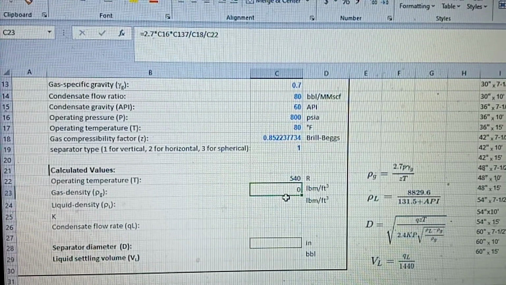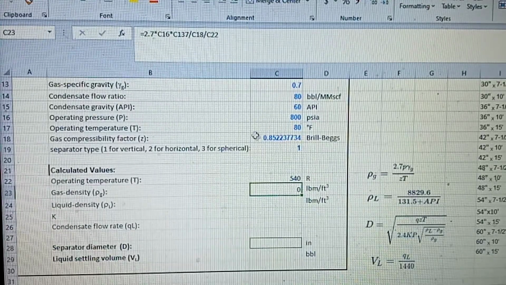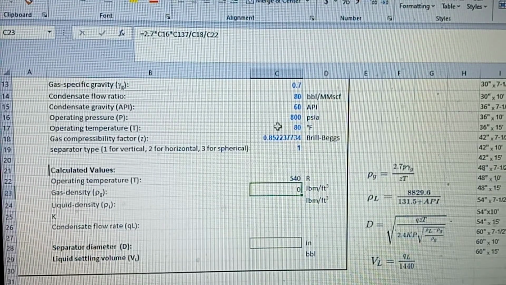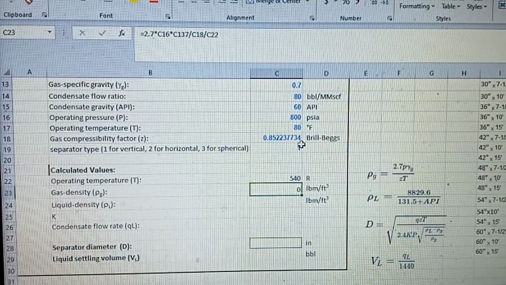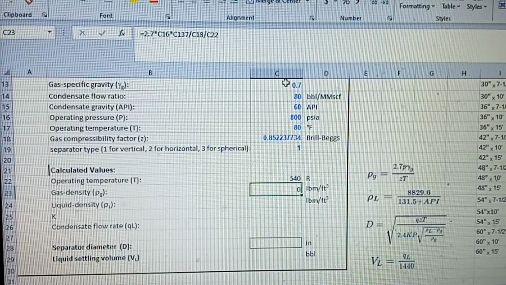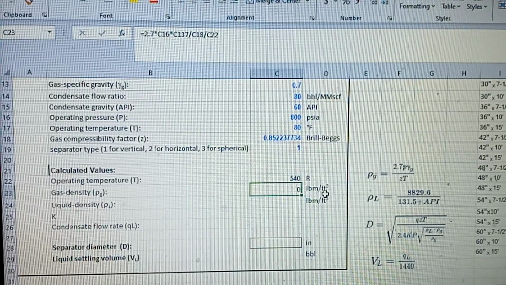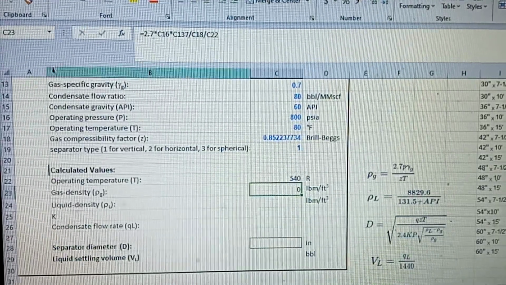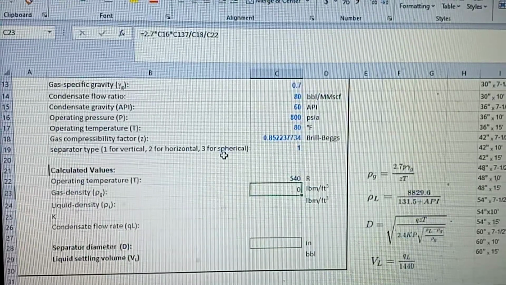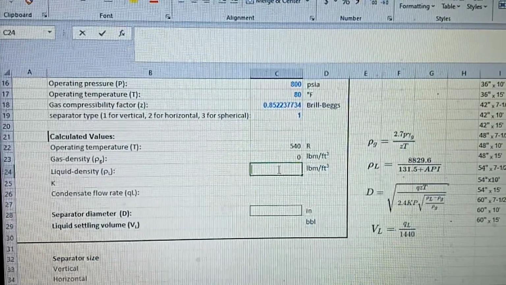There's something wrong with 2.7 multiplied by 616. 616 is the operating pressure, then multiplied by gamma, which is C13, then divided by C18, which is Z, then divided by C22, which is the temperature. So why is it putting 30 there? Okay, maybe Excel is not running. I'll just press F9.